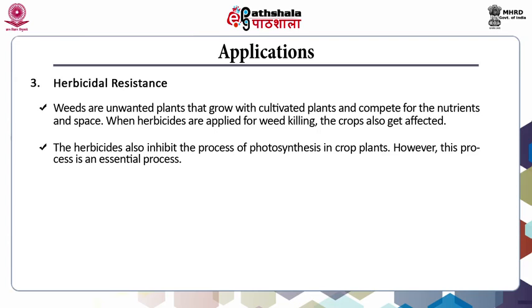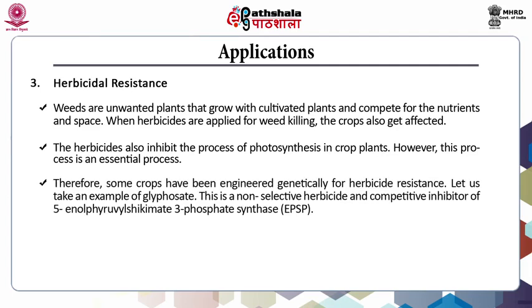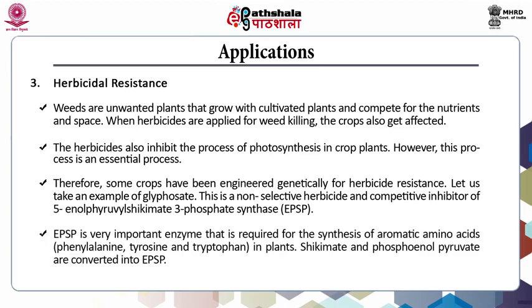However, this process, that is photosynthesis, is an essential process. Therefore, some crops have been engineered genetically for herbicide resistance. Let us take an example of glyphosate. Glyphosate is a non-selective herbicide and is a competitive inhibitor of 5-enolpyruvylshikimate 3-phosphate synthase, that is EPSP.